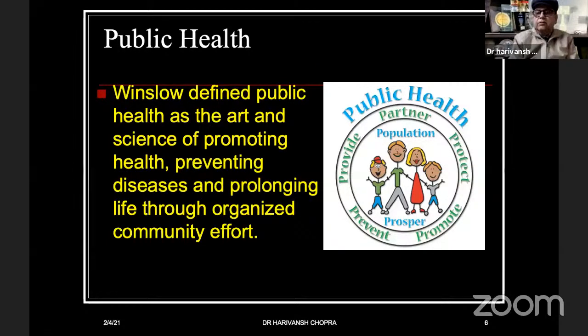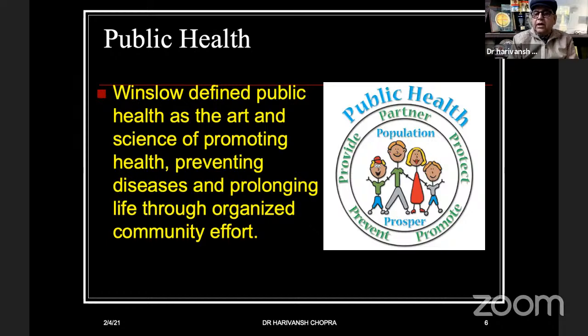So what is the key in public health? When we say public health, it means that community involvement has to be there. The community itself has to come together and indulge in those good practices which help in the promotion of health, the prevention of diseases, and the prolongation of life. So that is public health, right?